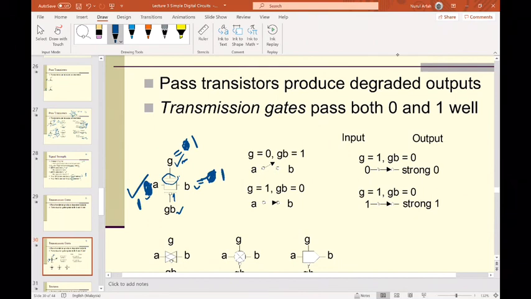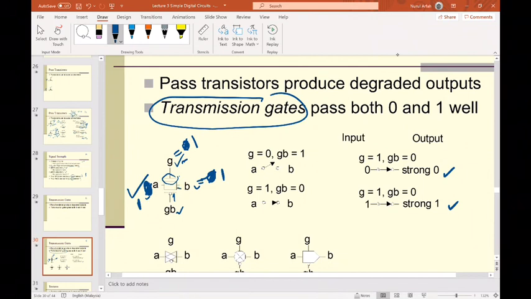So a transmission gate always gives a strong 0 and also a strong 1. Regardless, since you have both PMOS and NMOS, you will have both a strong 0 and 1.